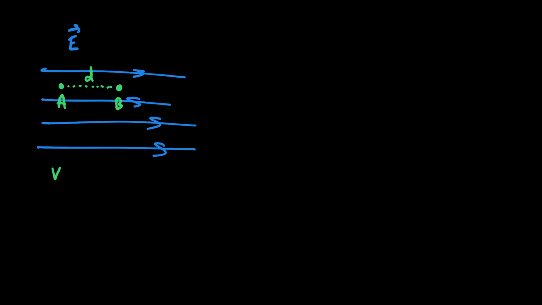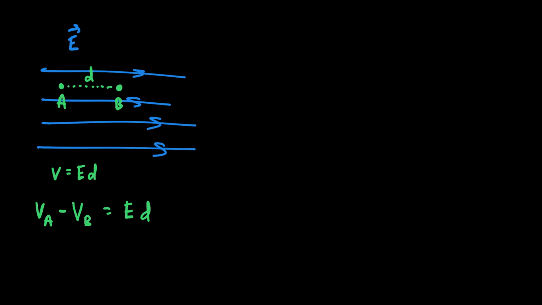If the voltage at any point in that electric field is equal to the electric field times the position in that field, and A and B are just 2 points along the same line in that electric field parallel to the electric field, then I could say that the voltage at A minus the voltage at B is equal to the electric field times the distance between those 2 points.